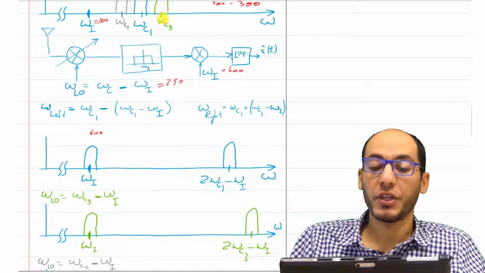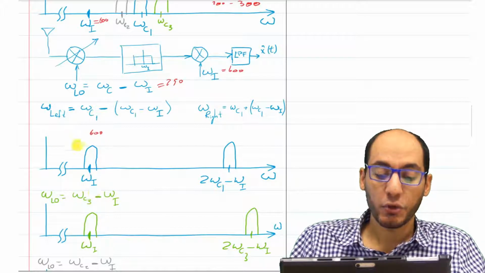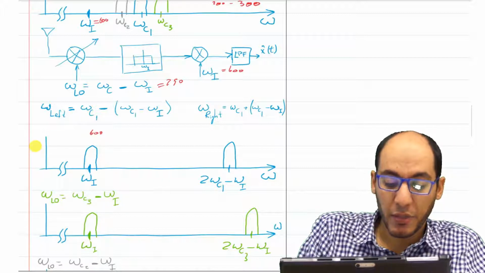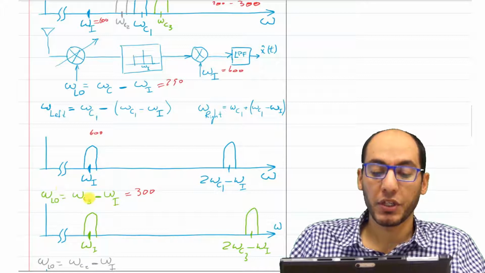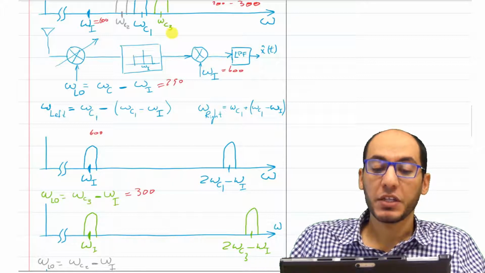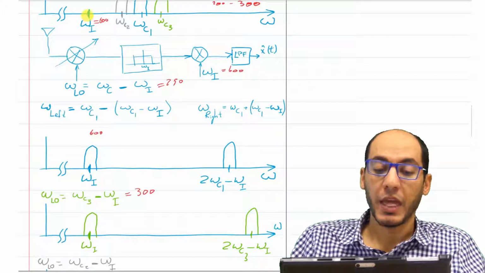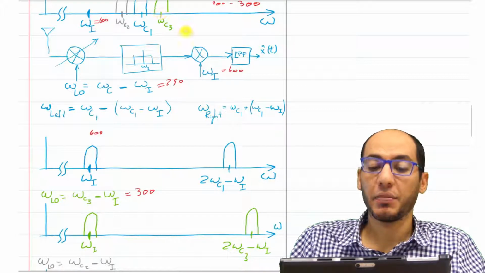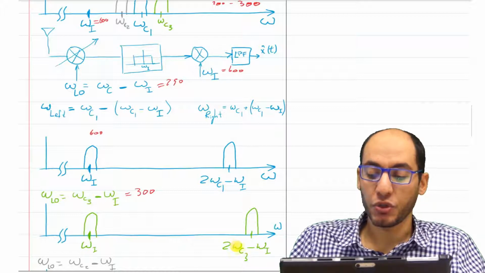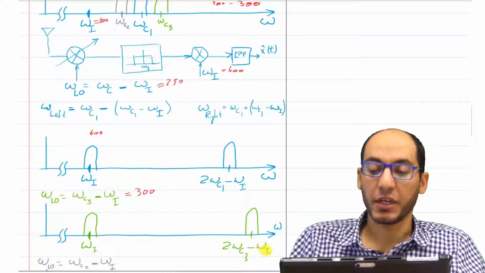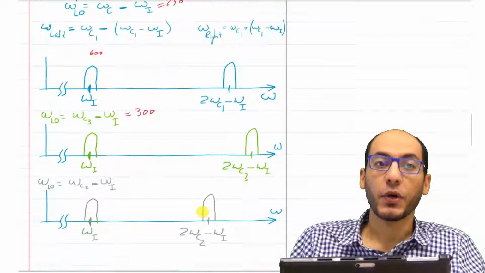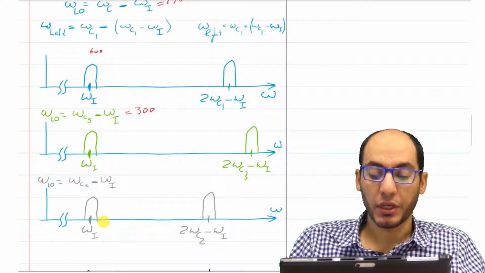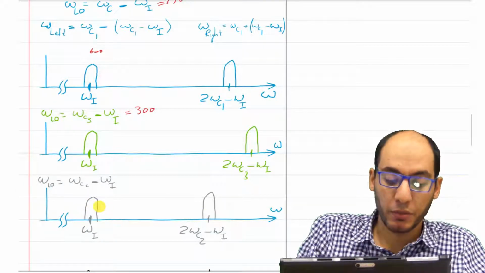If I want to listen to the green channel, omega c3, then I'm going to set the local oscillator to 300. Then in that case, it's going to shift that signal to omega I, and it is going to shift that signal back to another value, which is omega c3 minus omega I. And if I want to listen to the gray channel, then I could set it to 200.